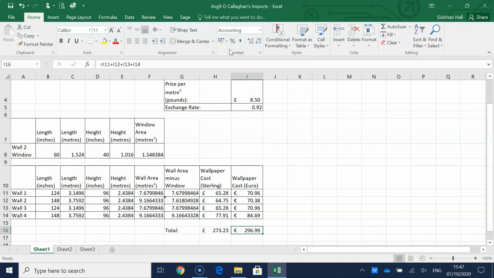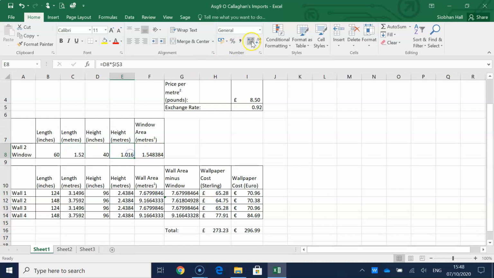Question 9, using the decrease decimals button, display data relating to meters with 2 places of decimal. So we did a lot of calculations, and quite a few of our calculations have many places of decimal. So he's saying that anything relating to meters should have 2 places of decimal. So that's meters, and we use our decrease decimal button.